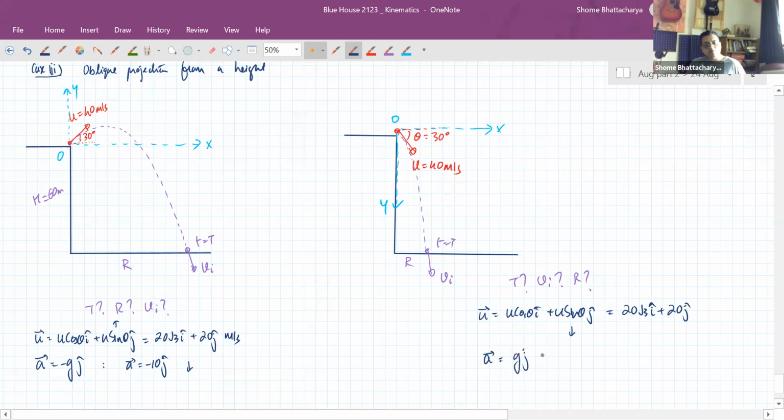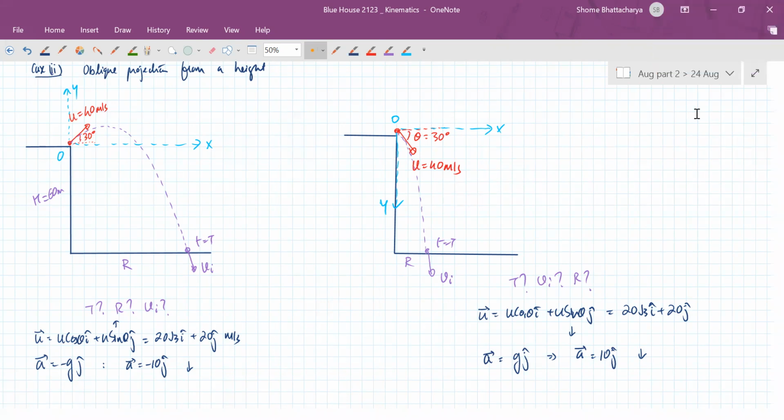It will be g j cap, or 10 j cap, even though it is downwards basically. So just make a note of this much first. Next, again, we'll divide this into the individual components of motion. And from that, we will develop the formula for time, range, r, and impact speed.